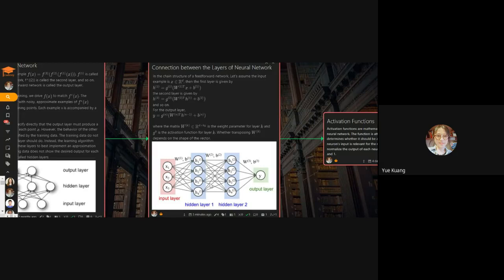The output of the previous layer will be the input to the next layer. And here is a graph that shows how the information flows in the neural network. And next, I will introduce what activation functions are and what role they play in the neural network.